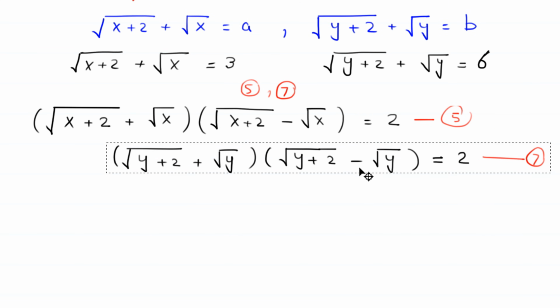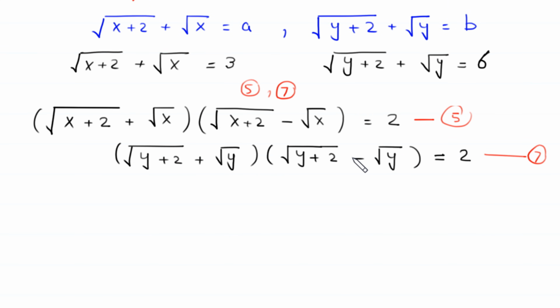In this equation number 5, we can replace this root x plus 2 plus root x with this value 3. So this will become 3 times root x plus 2 minus root x is equal to 2.